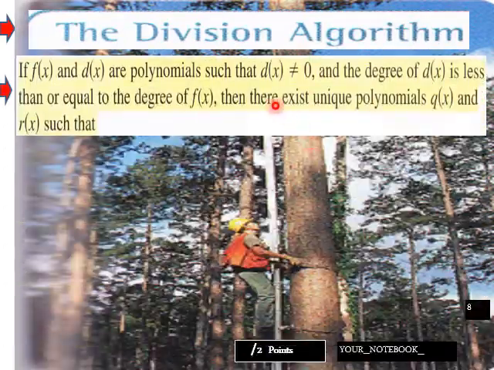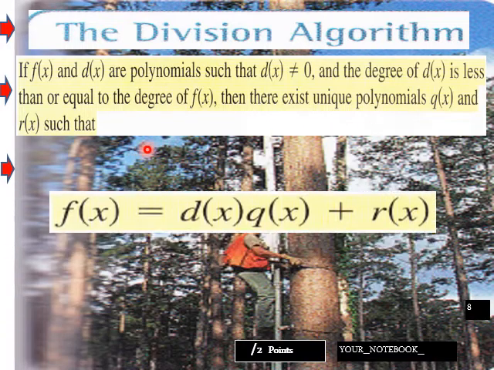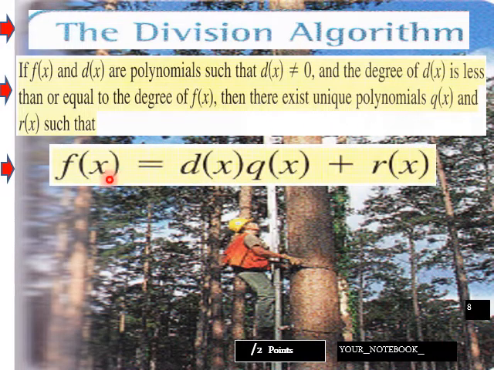The division algorithm: if f of x and d of x are polynomials such that d of x does not equal 0, and the degree of d of x is less than or equal to the degree of f of x, then there exist unique polynomials q of x and r of x such that f of x equals d of x times q of x plus r of x.